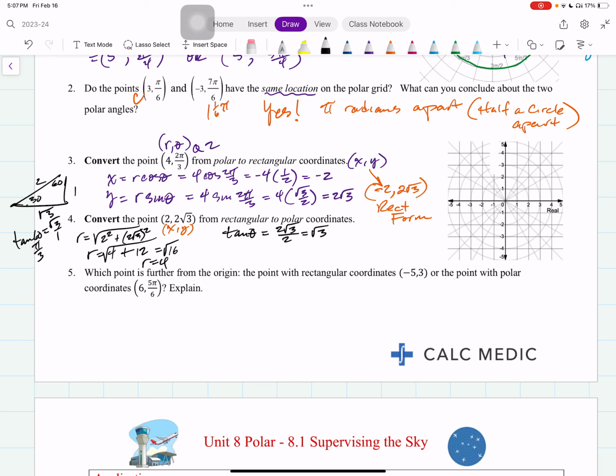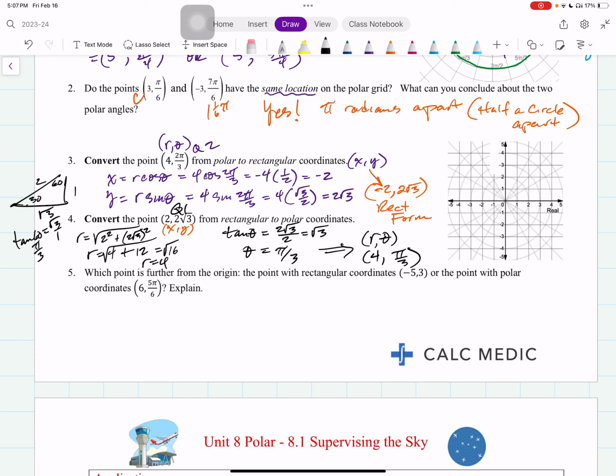And this is a quadrant 1 number. Okay, (2, 2 rad 3) is in quadrant 1. And so I know theta is going to be my pi thirds angle. And so that tells me r comma theta would be the radius of 4, and then the polar angle pi thirds. And there we go.